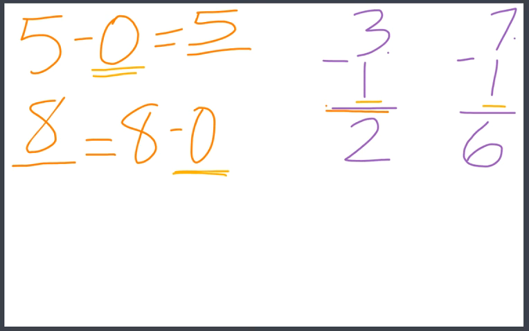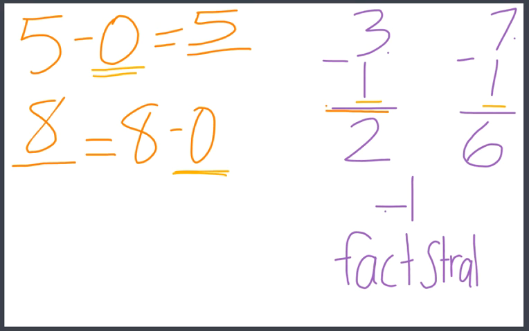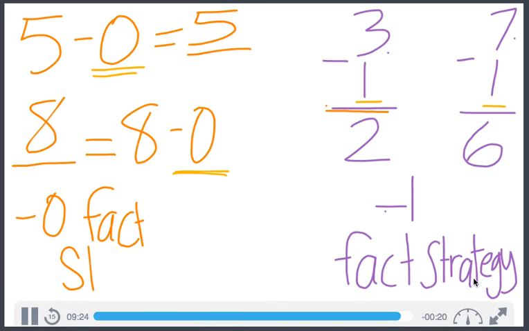It is 1 less. That is the minus 1 fact strategy. I need to label right over here, minus 0 fact strategy.